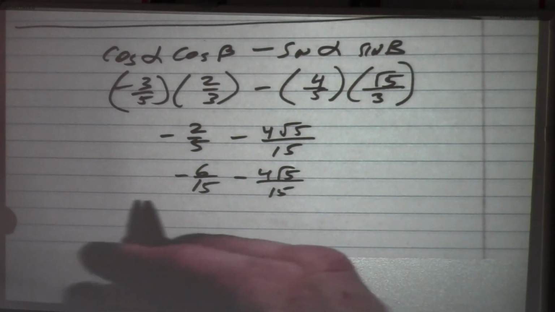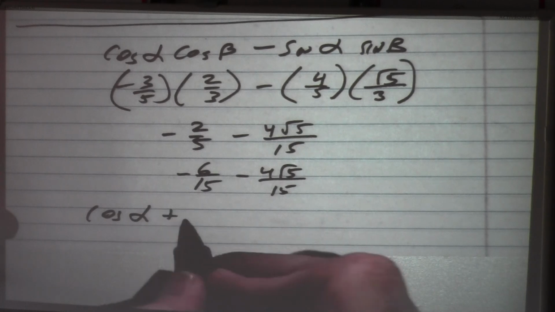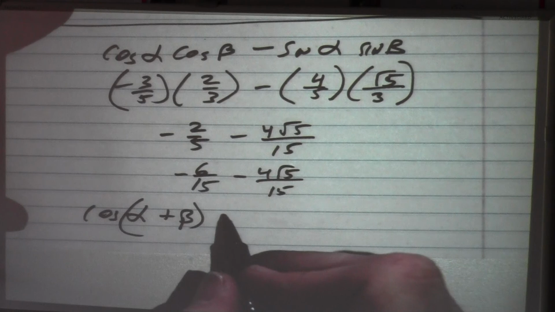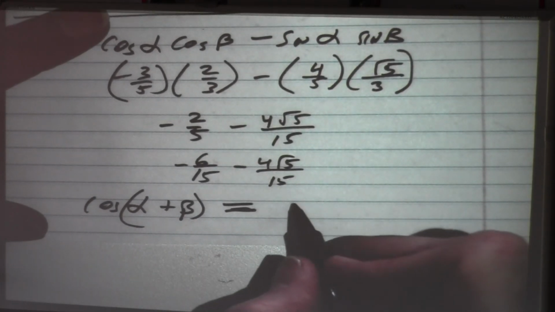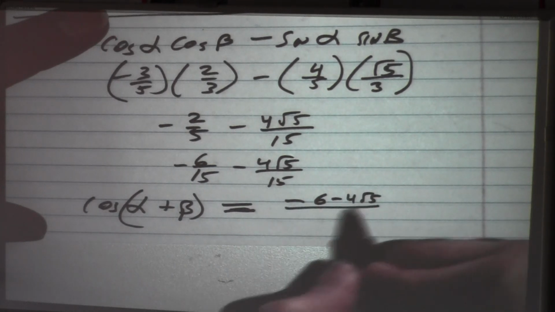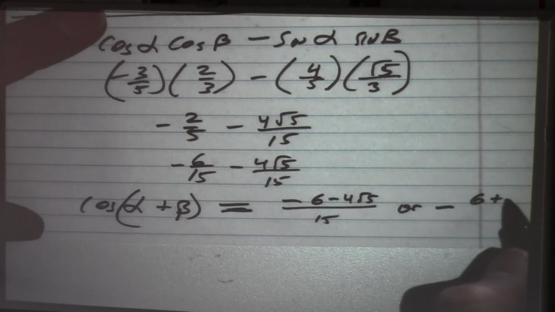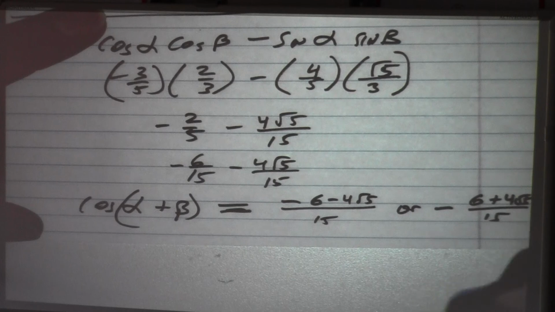So that means that the cosine of alpha plus beta is equal to, and not approximate because this is an exact answer, is equal to negative 6 minus 4 root 5 over 15, or negative 6 plus 4 root 5 over 15.